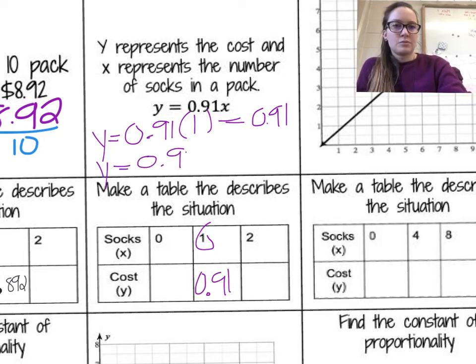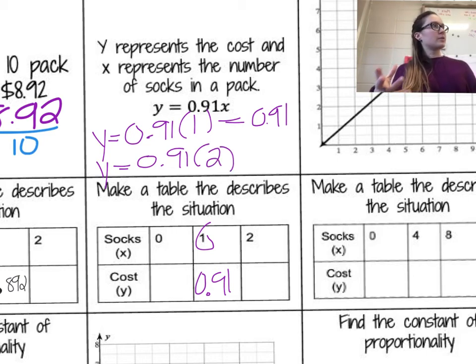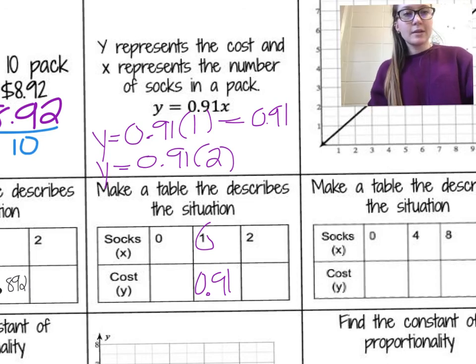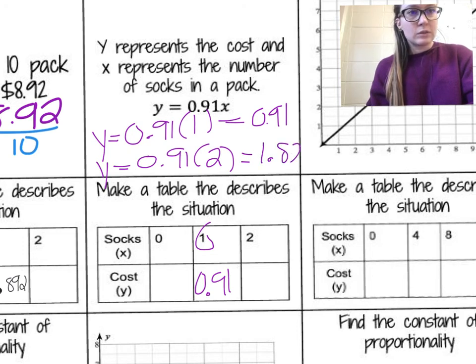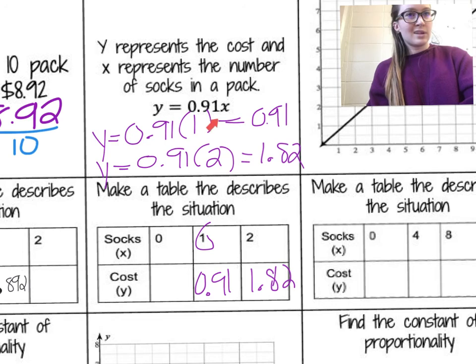So then for 2, instead of x, I'm going to put in 2. So now to find that y value, I'm going to take 0.91 times 2. Okay, and 0.91 times 2 is 1.82, so $1.82. So you see what's happening? So to find this missing y value, I take that relationship, instead of x, I put in the x value, like 2, I do the multiplication, and that gives me the cost. So I'll let you do the rest.